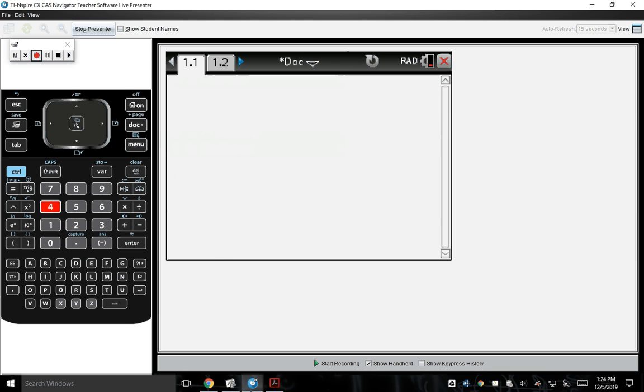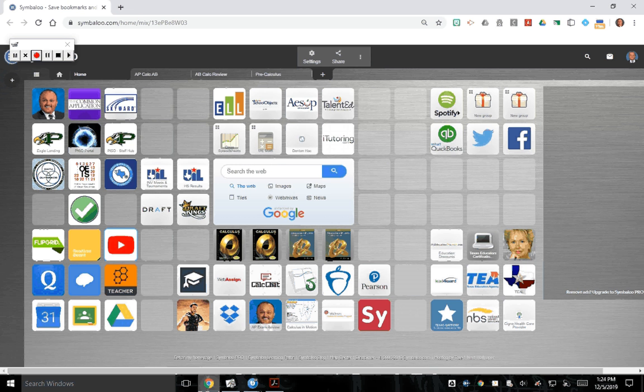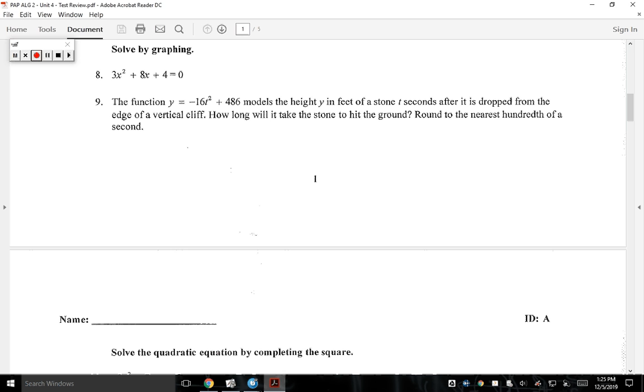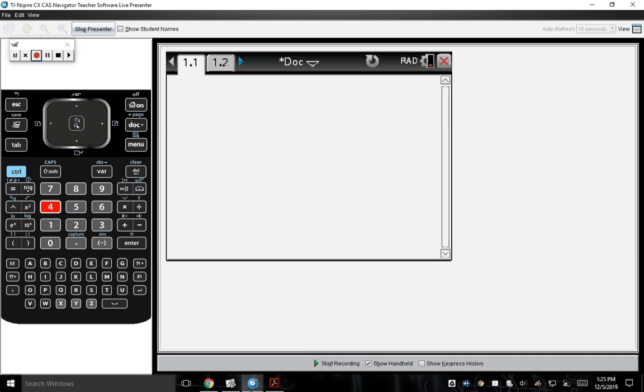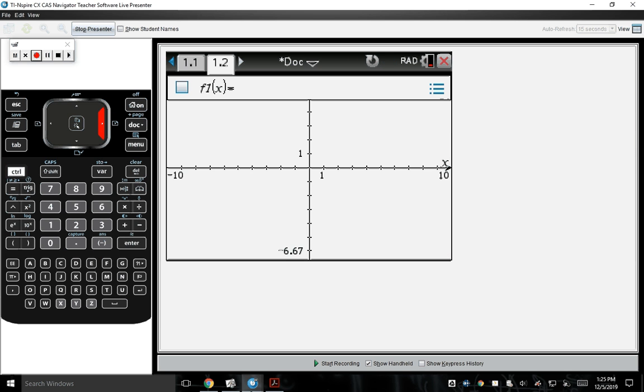And the equation was 3x squared plus 8x plus 4. Here we go. So let's go to a graphing page, and we're going to put 3x squared plus 8x plus 4. Is that correct? Okay.